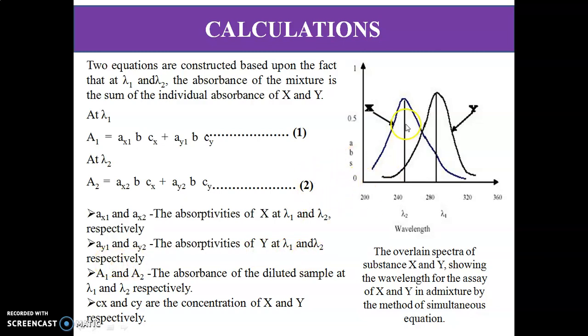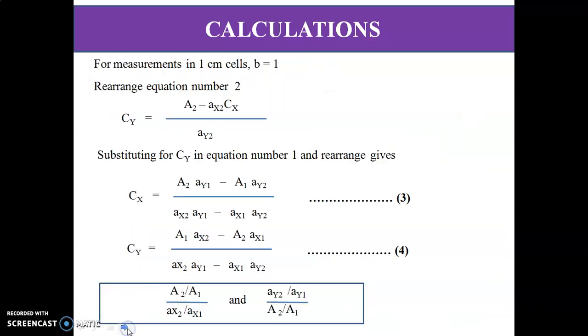Lambda 1 and lambda 2 are the maximum wavelengths of the X and Y samples respectively. Again A1 and A2 are the absorbances of the diluted sample at lambda 1 and lambda 2 respectively. So Cx and Cy are the concentrations of X and Y. Now for measurement in a 1 centimeter cell, the path length becomes 1 centimeter.